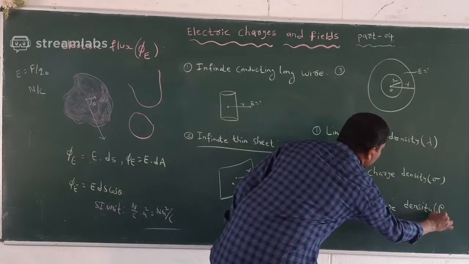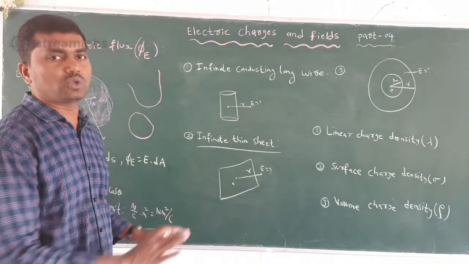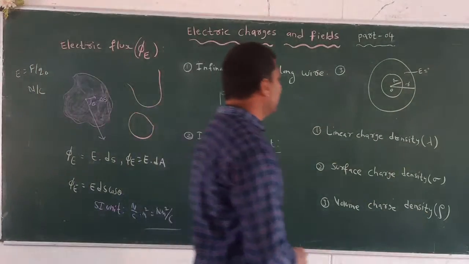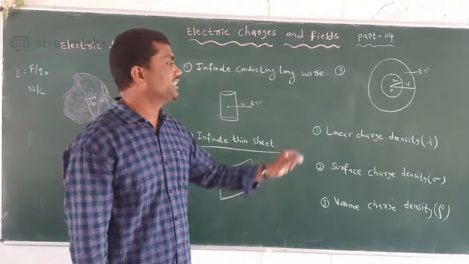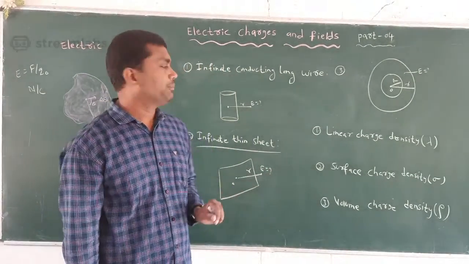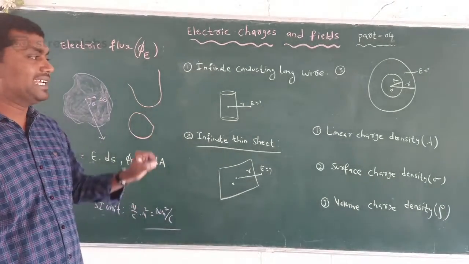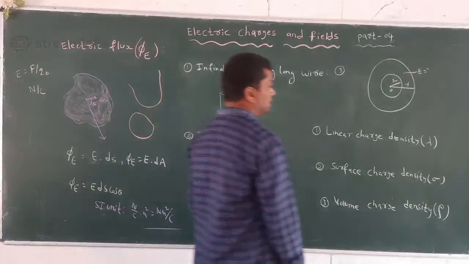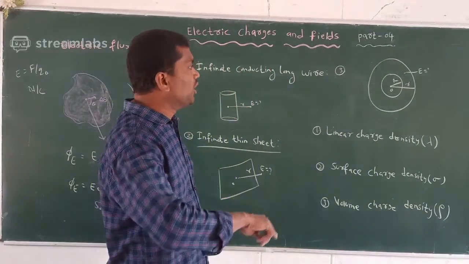This is represented by rho. We can know the simple definitions only. So the first one is linear charge density, represented by lambda. Second, surface charge density is represented by sigma. And third, volume charge density is represented by rho.